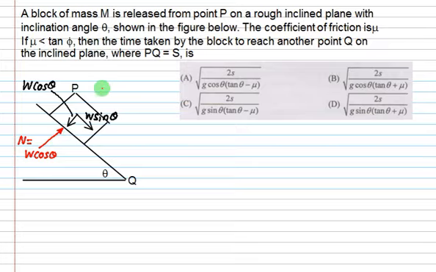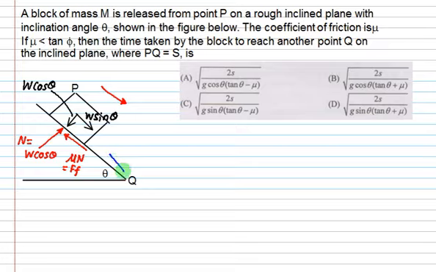Naturally the block will try to move in a downward direction, so the friction force will act opposite to motion. This is a problem of dynamics. So the friction force will be mu times N.